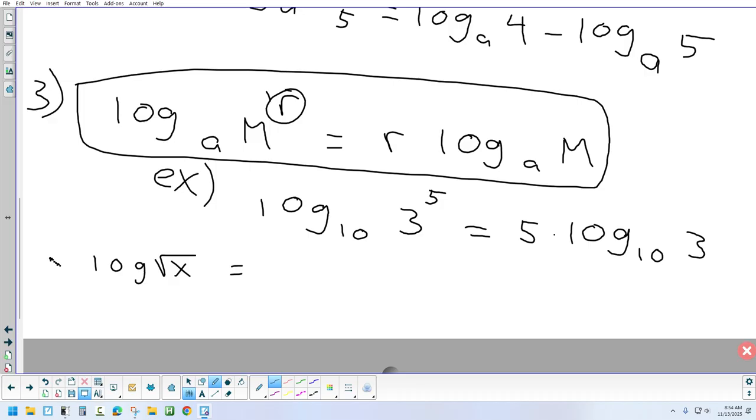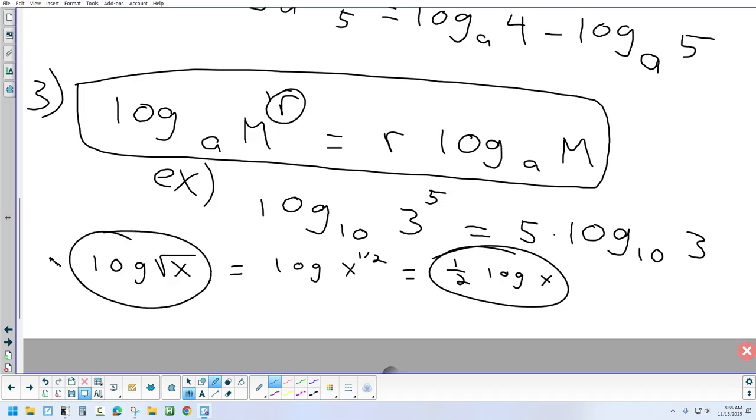We've left an x to the 1/2. So what you should do, if you have a square root, and it says specifically, do not leave powers in the final answer, you should change the x to x to the 1/2, and then the 1/2 should go in front. That's how you write this without any powers. Any questions on that?